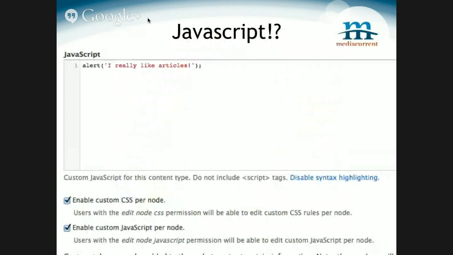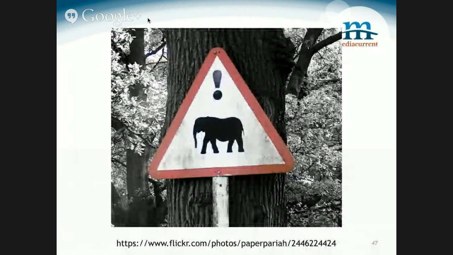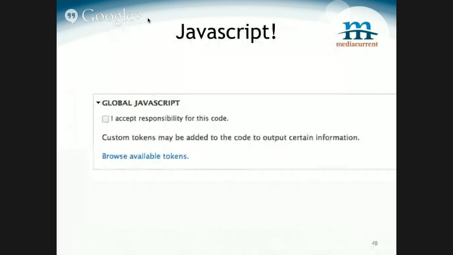And then, yes, more warnings. You can do that per content type. And even more warnings, you can add global JavaScript if you are just really looking to break your site and upset your visitors. But on those rare, limited, very short-term scenarios, it's there.